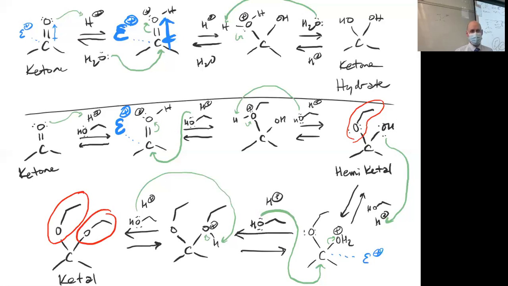What did we lose all along this way? There's something that we kicked out. It was in this step right here. What do we kick off as our leaving group? Yeah. So that chunk right there will just become water.